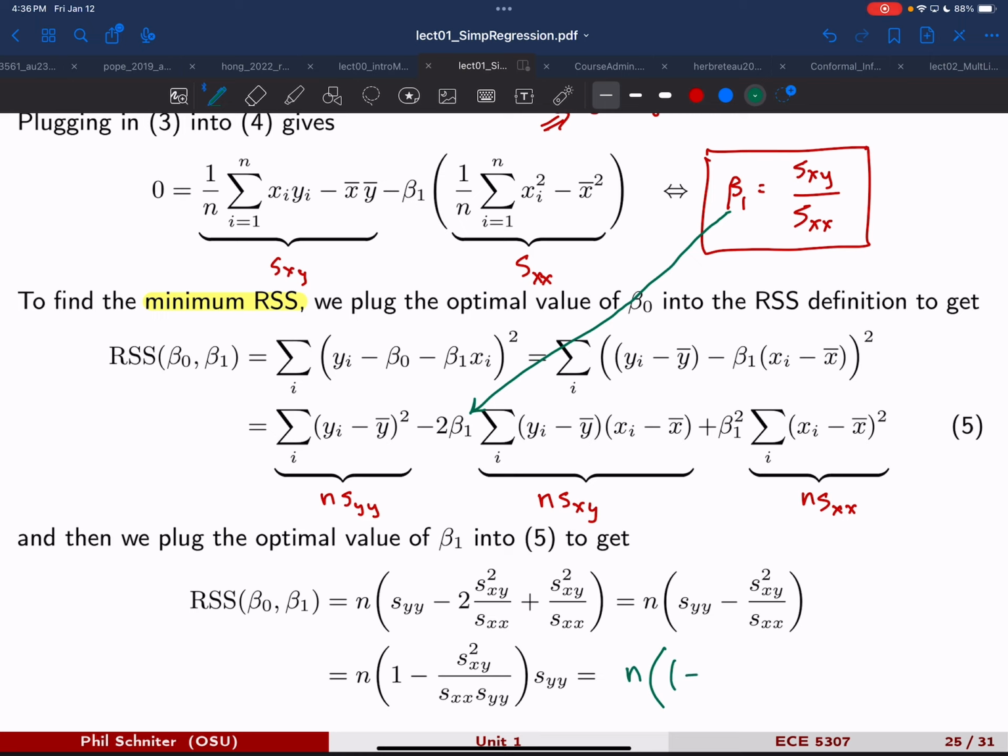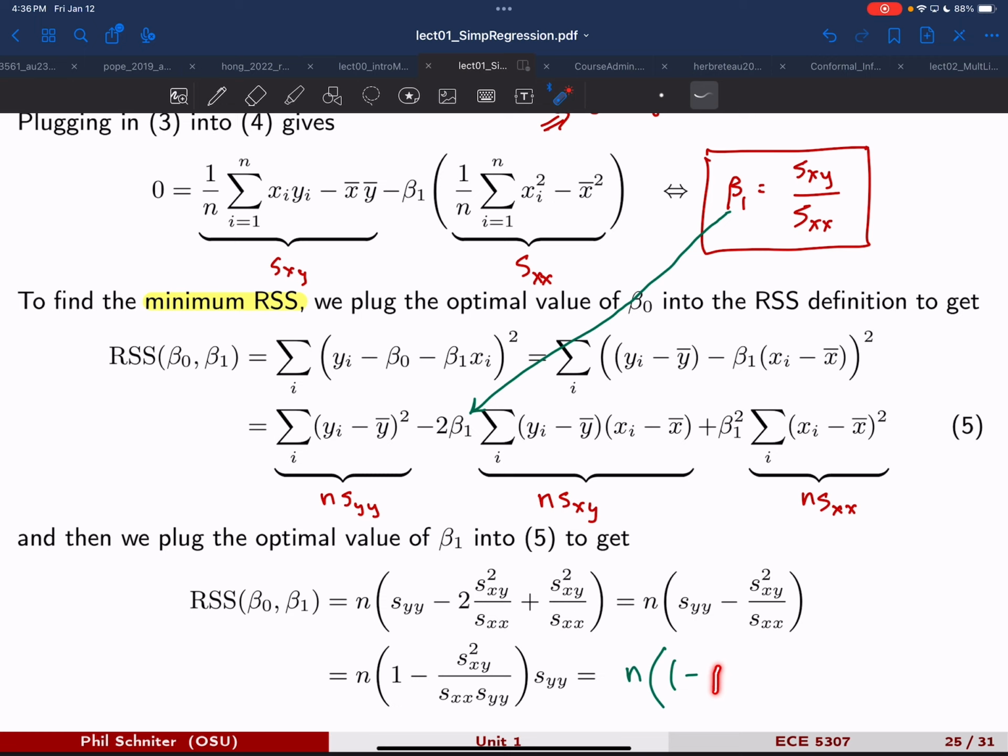Let me ask, is Khaled Hamil here? Yeah. Does this term look familiar at all? Or what if I took the square root of that term? Would that look familiar? It would be the sample standard deviation.